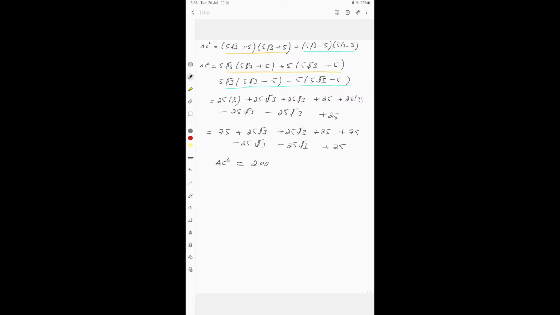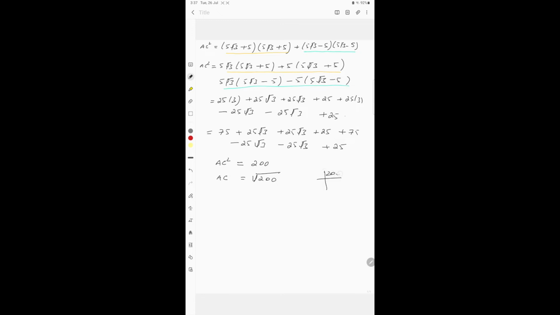Using the rule that number outside the surd sign get multiplied by the number outside the surd sign, and the number inside the surd sign get multiplied by the number inside the surd sign, and doing simplification, which is quite clear, finally I reached 200. And AC, which is required, is under root of 200.